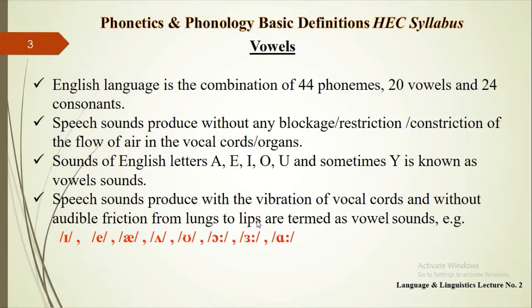Just keep in mind that sounds produced with vibration of the vocal cords, but without blockage or stoppage of the airstream in our vocal organs, are known as vowel sounds. We will talk about these sounds in detail in our next few lectures.